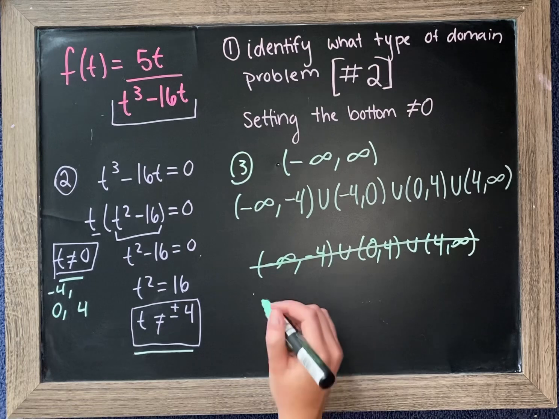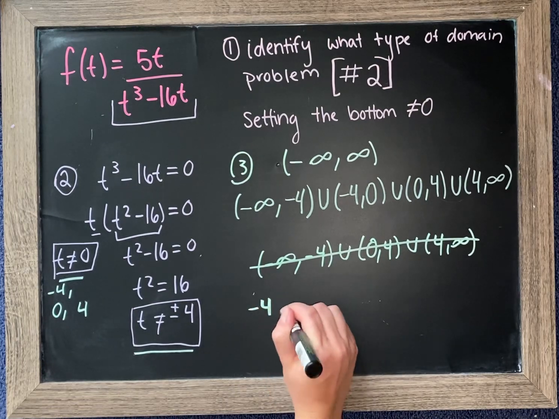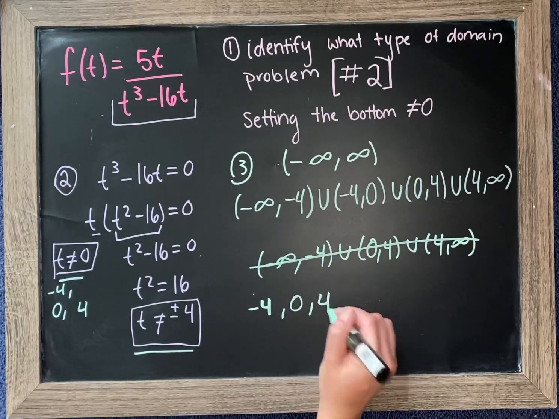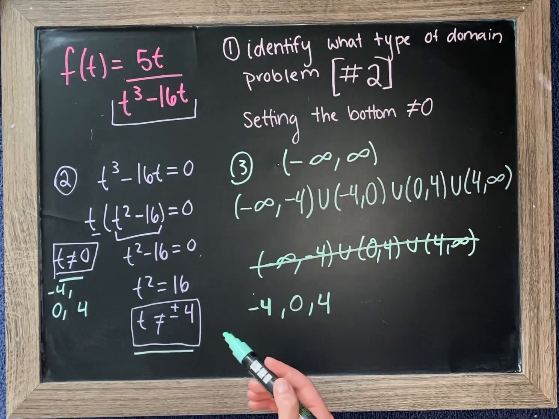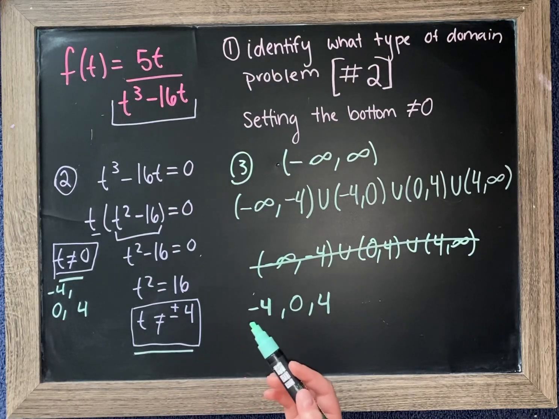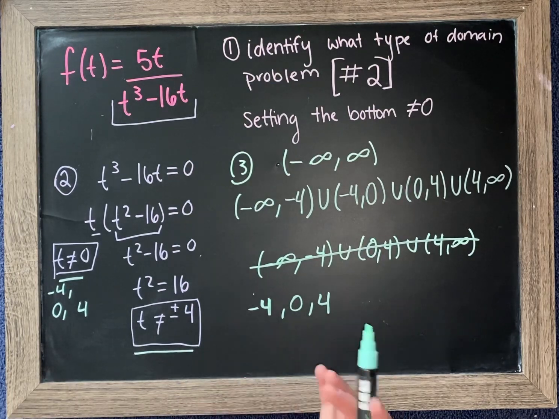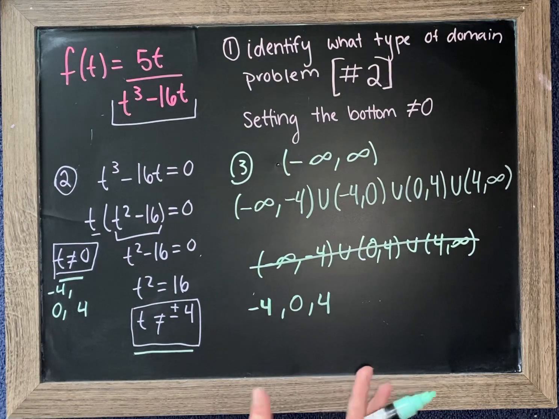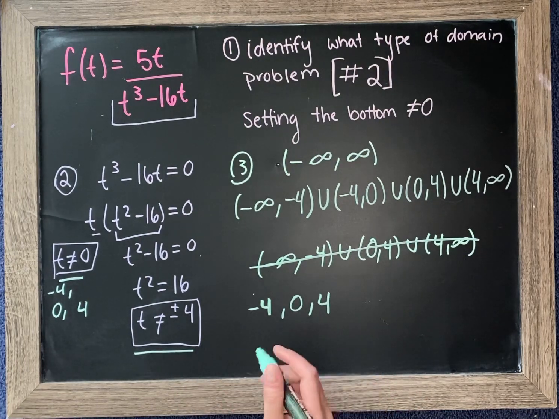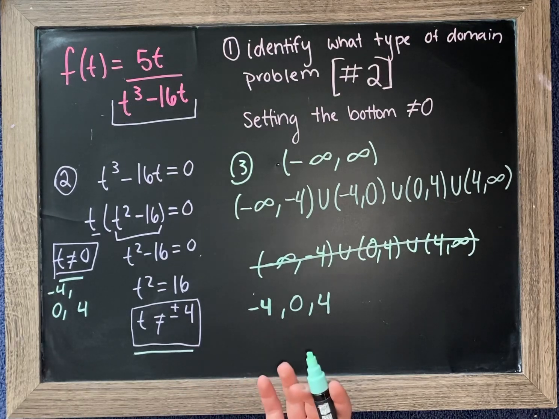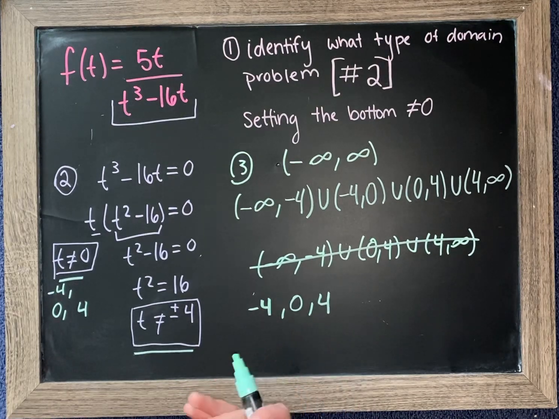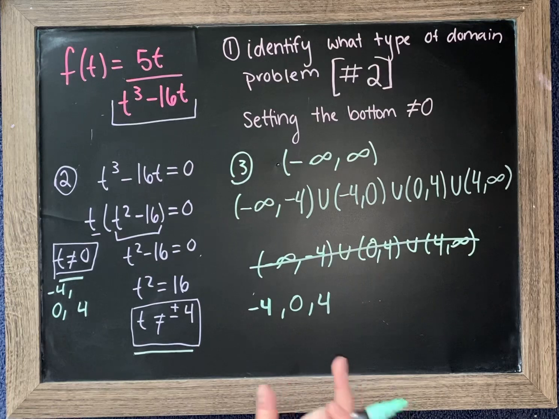So when you have these numbers like negative 4, 0, and 4, you're not just doing negative 4 to 0 and then 0 to 4 without making sure that you're including everything that goes in between those numbers. Sometimes I've seen problems where people will have 3 of them, and then they don't remember to include a union between those numbers.